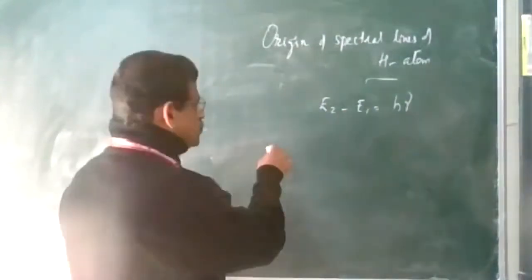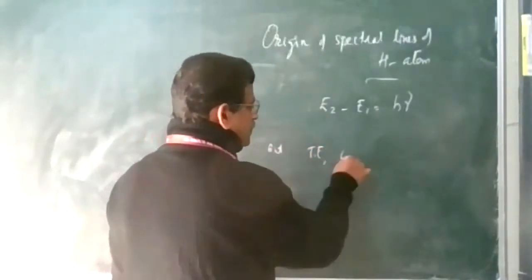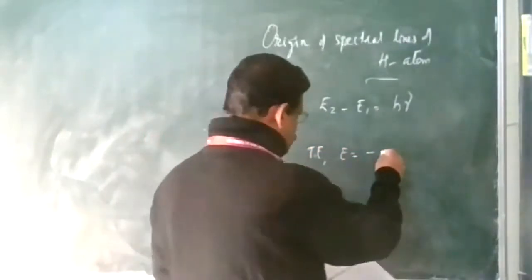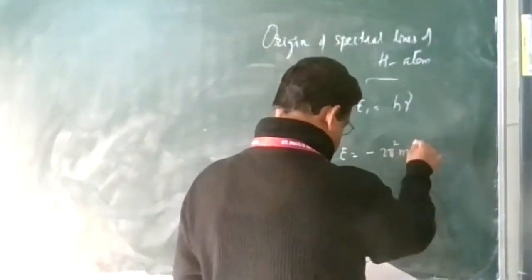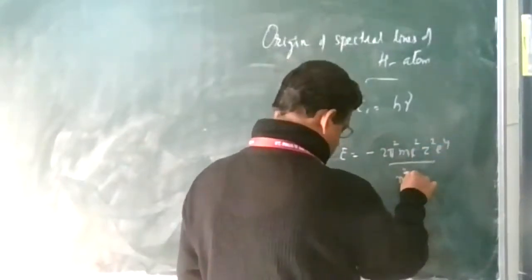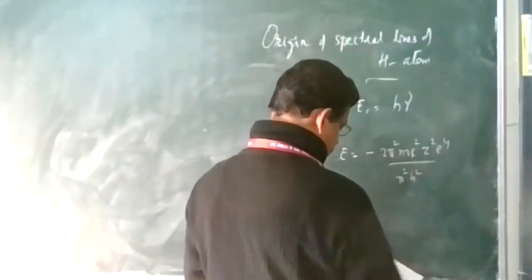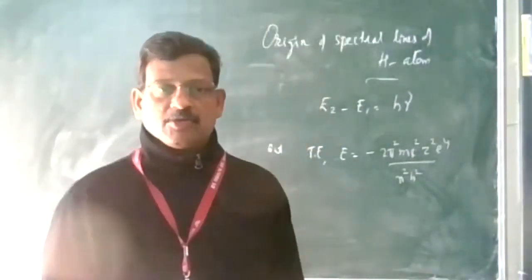But the general equation for the total energy in an orbit is equal to minus 2π² m k² z² e⁴ divided by n² h². So this is the total energy equation in terms of many variables.